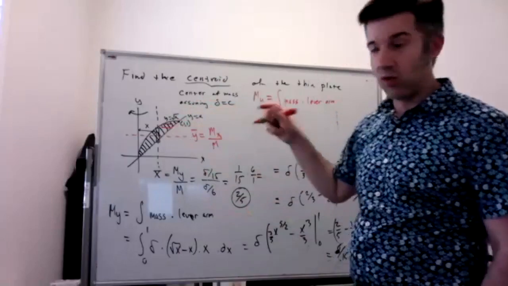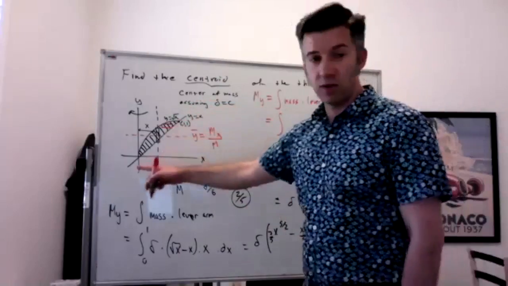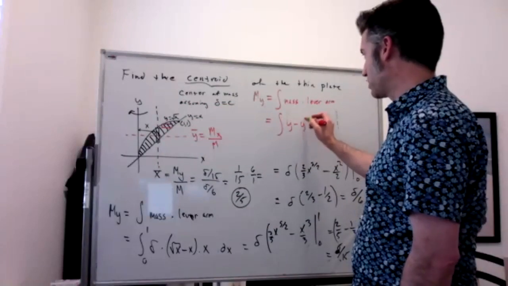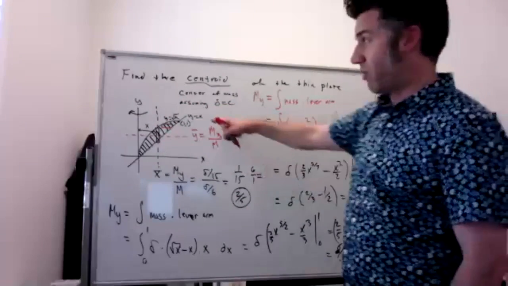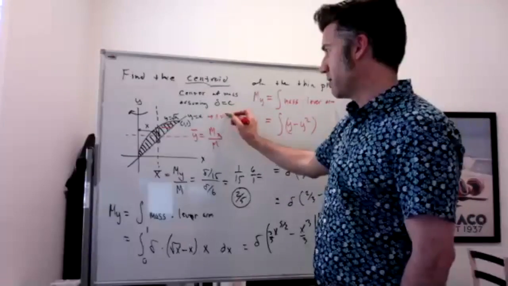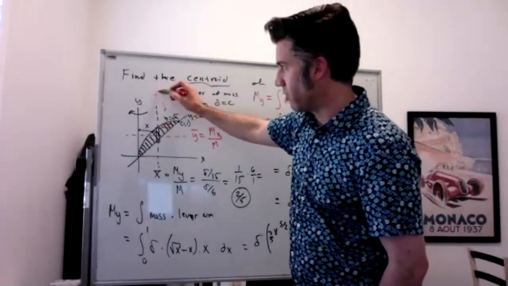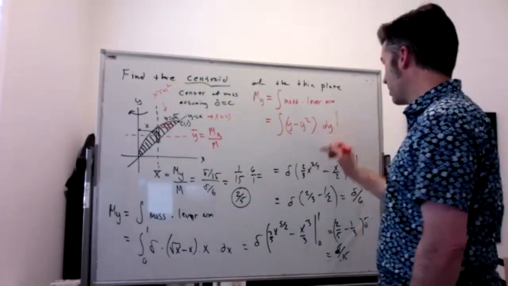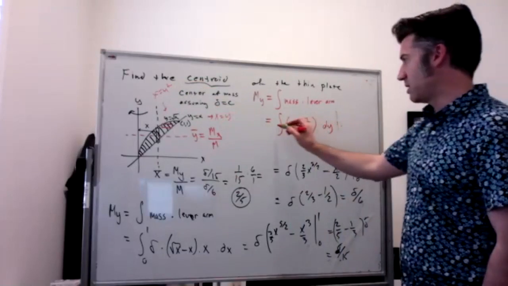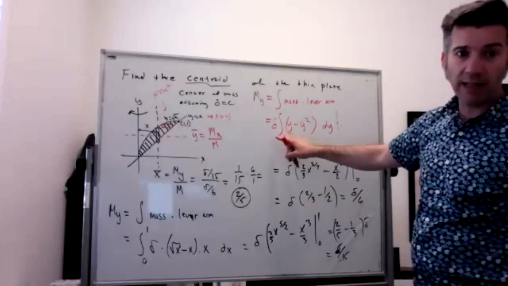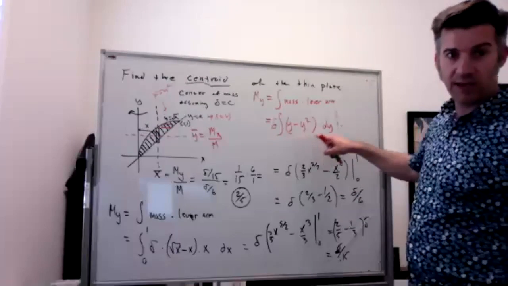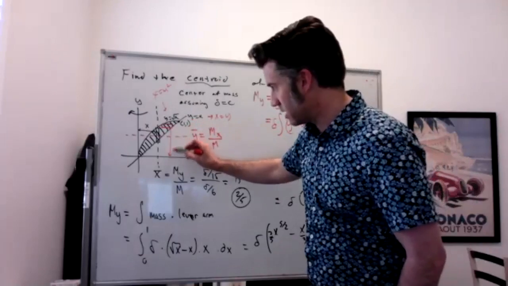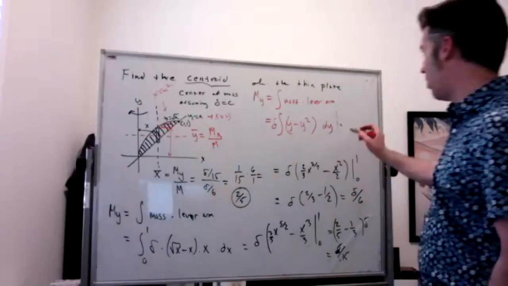But in this case, since it's horizontal, the area is the right function minus the left function. So it's y minus y squared, right? Because the right function is x equals y, and the left function is x equals y squared. The width of the strip is dy times the density. Let's put the density out here. Right, so there's my mass, density times length times width. And the lever arm, well, for measuring to the x-axis, because we're going around the x-axis, the lever arm is just y.